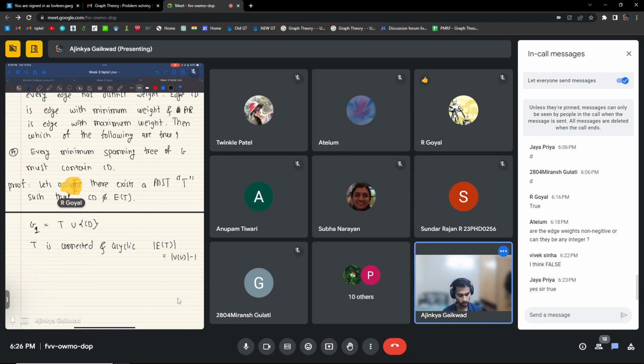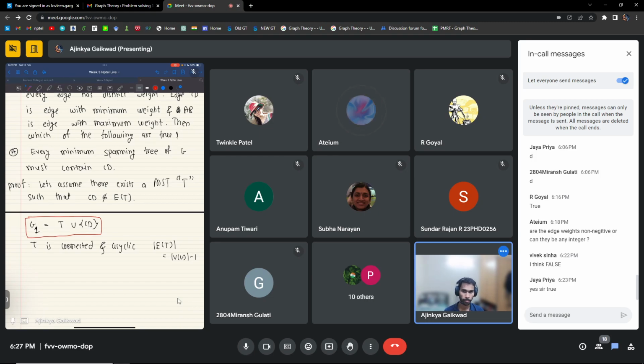So this is tree T, which is connected and acyclic, and I know the number of edges in T is exactly V of G minus 1 by the definition you have seen. Now I have constructed a new graph G1: you take the tree T and then you add the edge CD. If I add edge CD to a tree T which contains V of G minus 1 edges, what would happen? Can you observe something? If I add an edge to a spanning tree, what will happen?